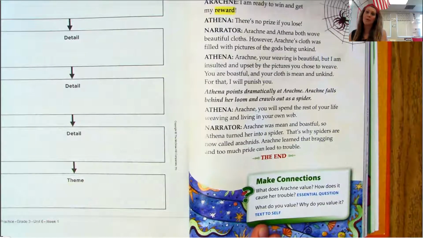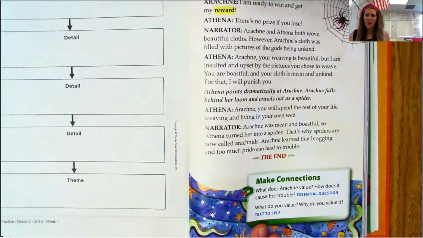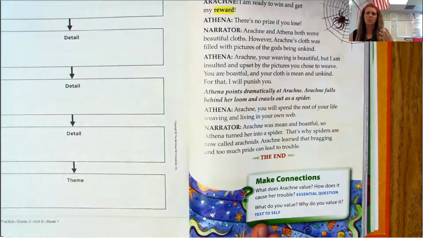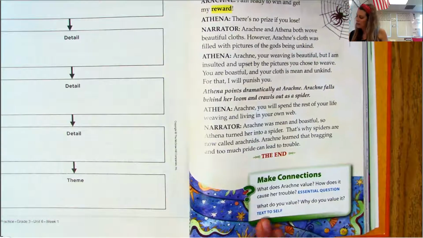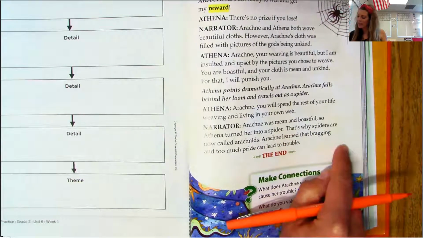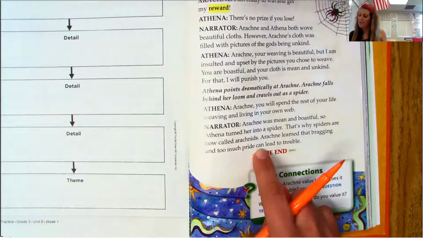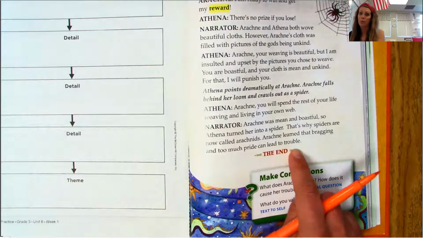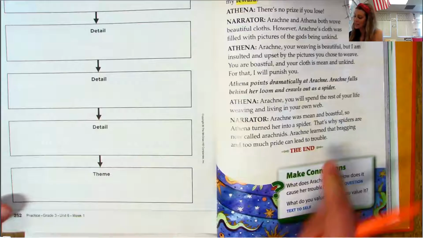Even though in this story she became a spider, is that really going to happen? No. So we have to tie it into how it teaches us to be a better person. Arachne learned that bragging and too much pride can lead to trouble. So that is the theme.